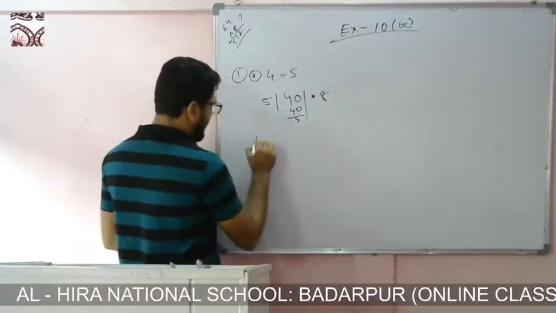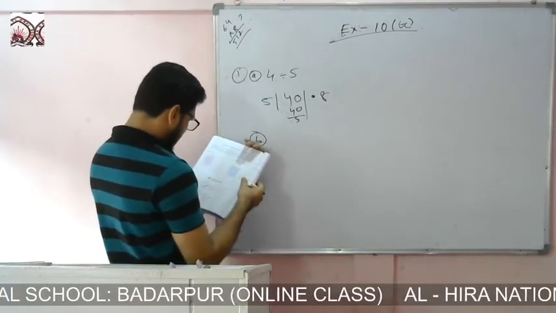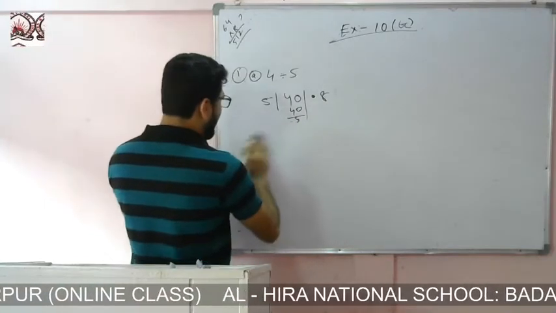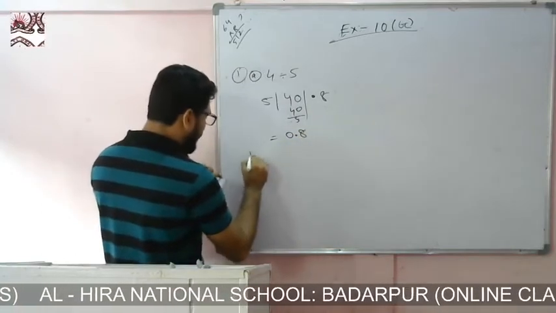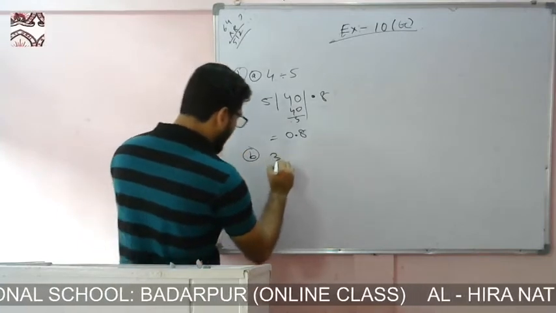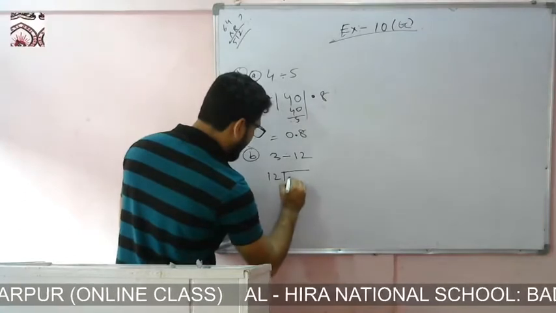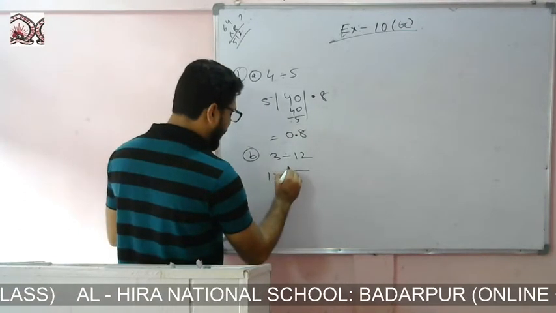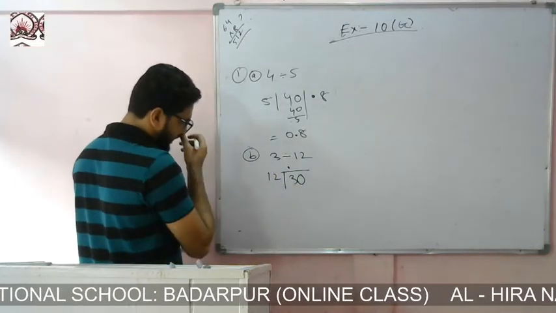Now come to B. So here the answer is 0.8. Now come to B. B is 3 divided by 12. We cannot divide, so we'll put 1 point. Then we'll bring 10.